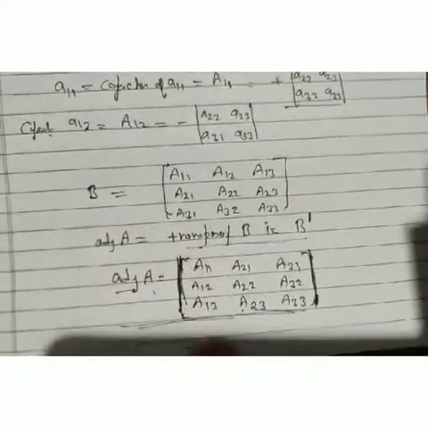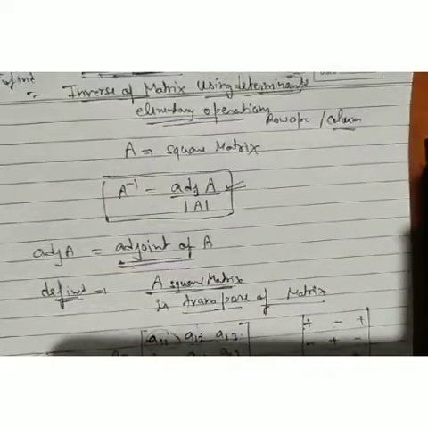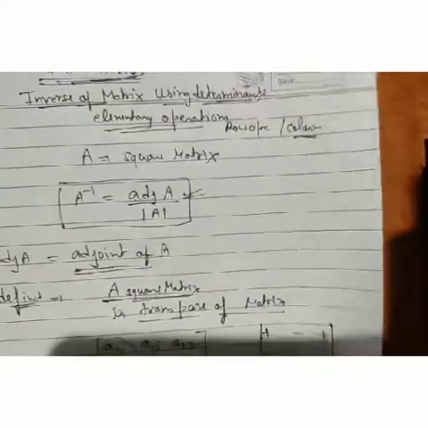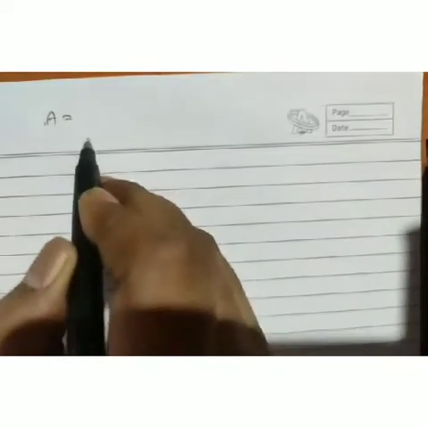Now we are going to take an example. With one example, we are going to find the inverse of a matrix. Just suppose we have a square matrix.